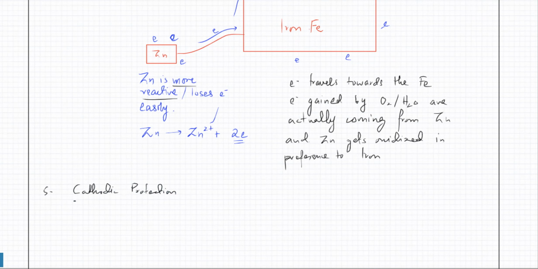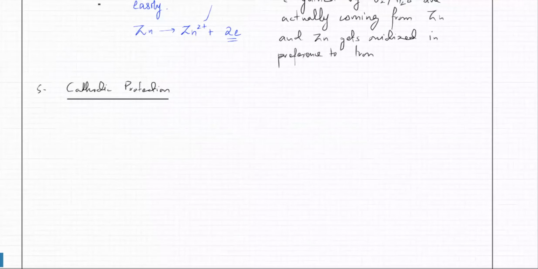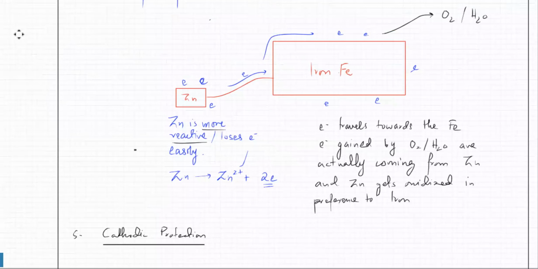Most of the time, what they actually do is just provide a constant source of electrons to the iron, so that iron is not able to lose electrons.